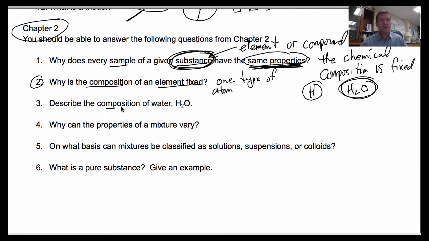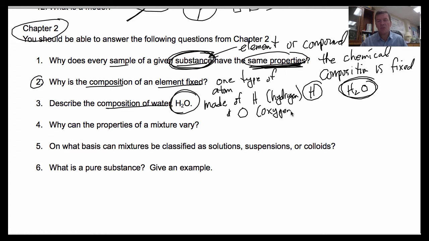Composition of water. What does this formula tell us right here? It tells us it's made up of H, which is hydrogen, and O, which is oxygen. In what ratio? In a fixed ratio, a 2-to-1 ratio.